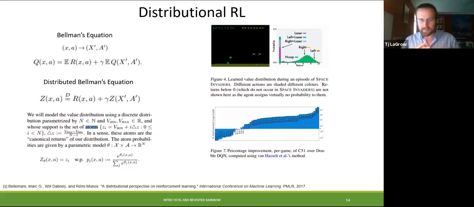Not being as familiar with this topic, as I was going through, they defined the value distribution as a discrete distribution whose parameters comprise and support a set of atoms. And here these atoms are canonical returns of the distribution. So it is a probability distribution that is being returned, which they call atoms. Here is an example on the right, where this is the output for Space Invaders, which is the fixed action game where you have a blaster and enemies scroll down the screen. This is the distribution atom that is here.